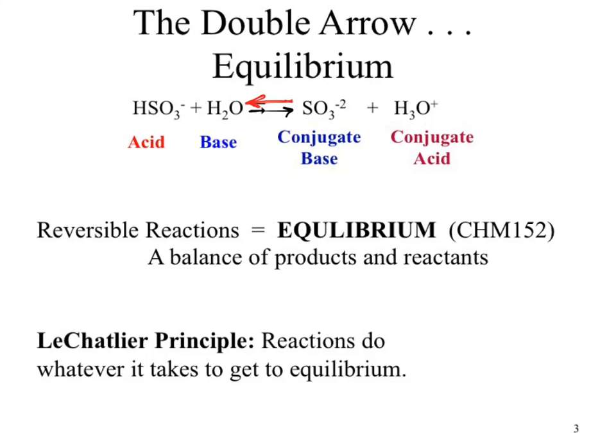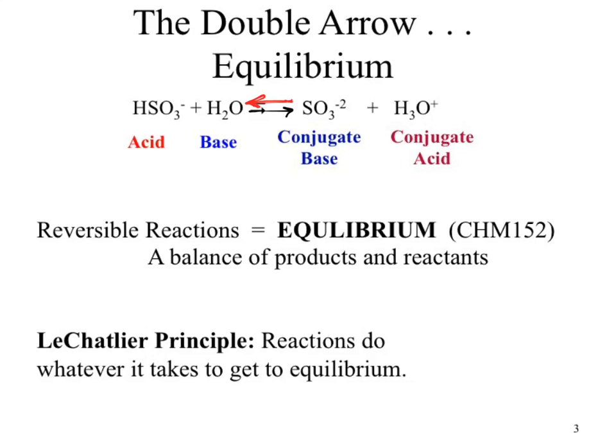So what's going on with that double arrow? It's kind of a confusing concept. Again, it's something that is taught pretty much all of second semester general chemistry. 152 is all equilibrium. That's how confusing of a concept it is. Really what that equilibrium is saying is that we reach a balance between our reactants and products.